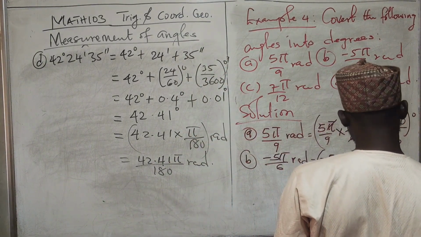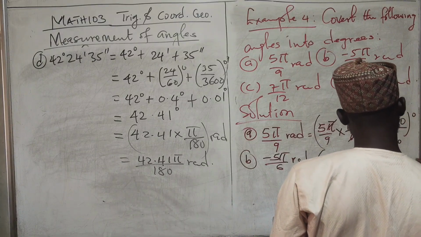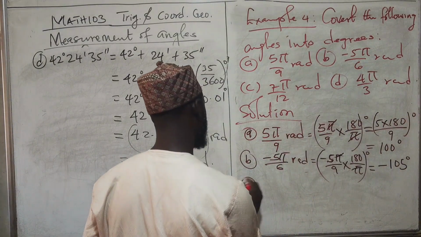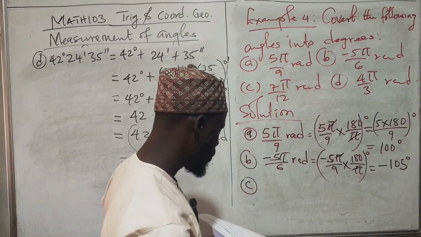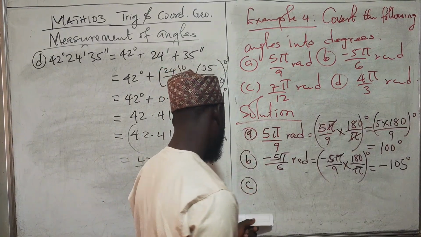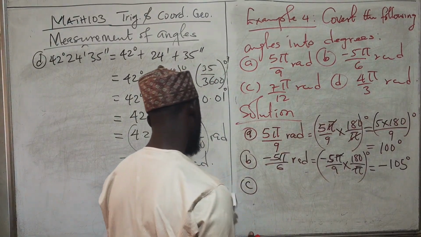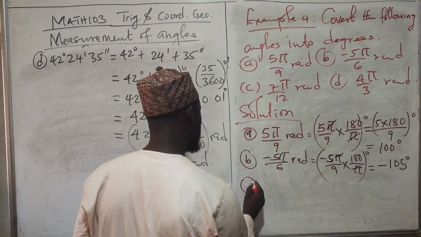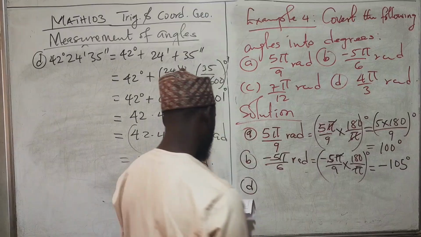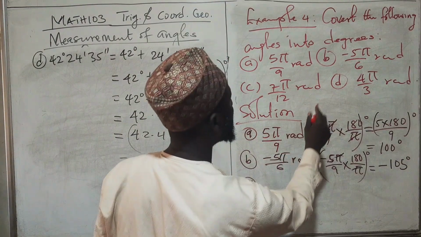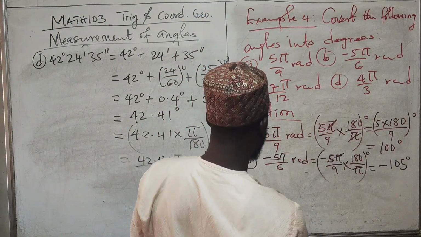C, I will solve one and then allow you to try the last as an exercise. Or let me solve the D part and allow C to remain as an exercise. So the D part is saying 4 pi over 3 in radian.